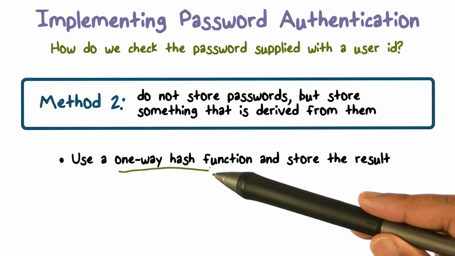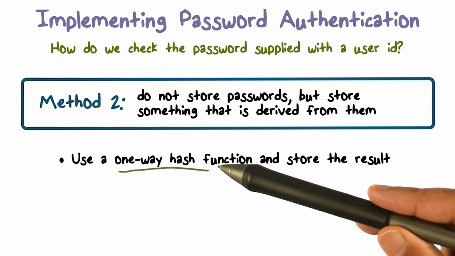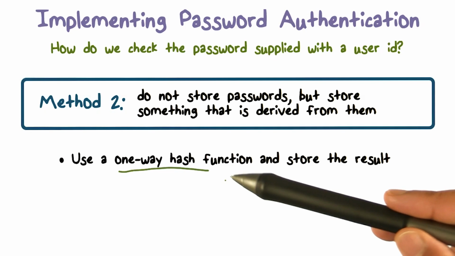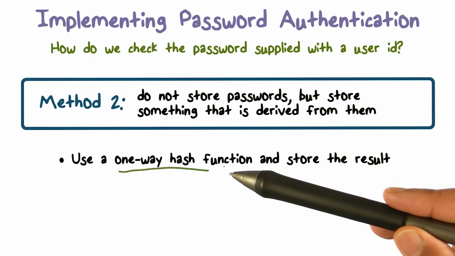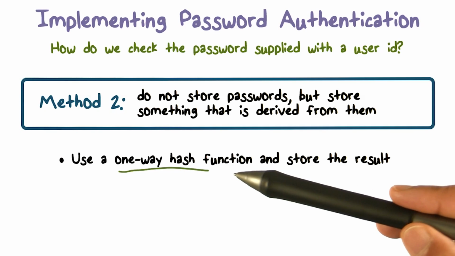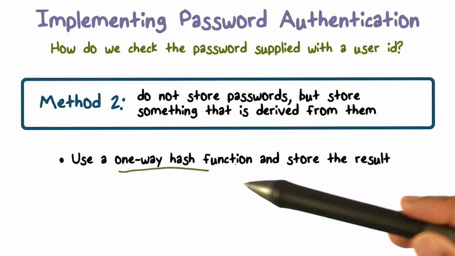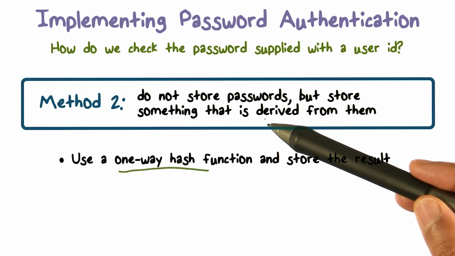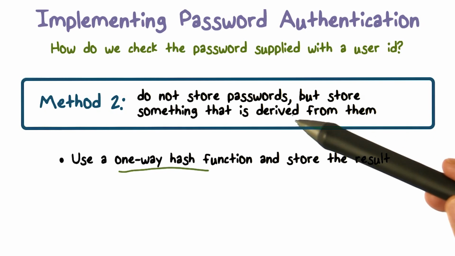So the thing to remember here is that given a password, it produces a hash value of that password. Going from password to hash value is straightforward. Going in the other direction, from hash value to the password, is really, really hard. So we're going to use a function like that. Rather than storing the password, we're going to store something derived from it.